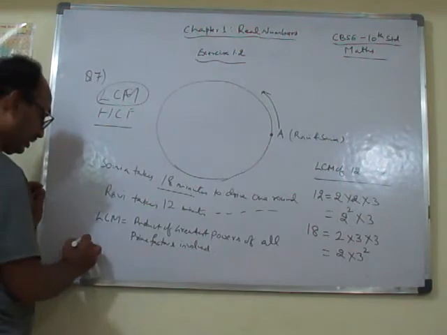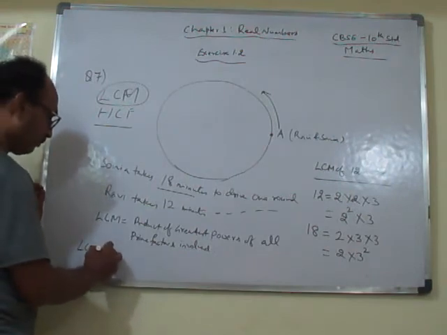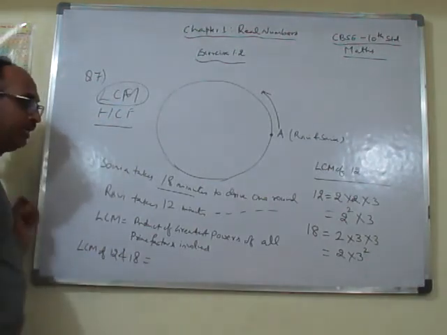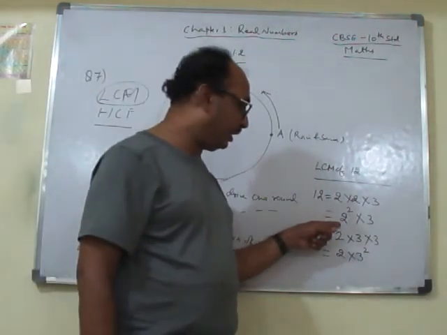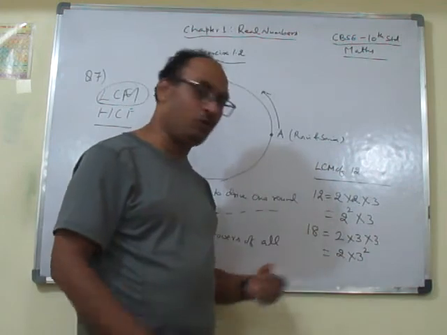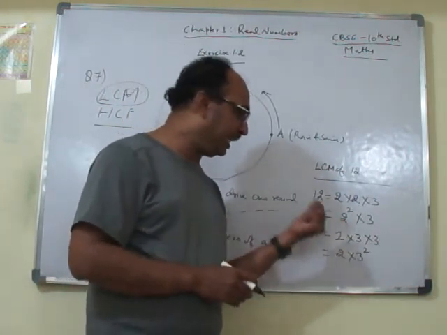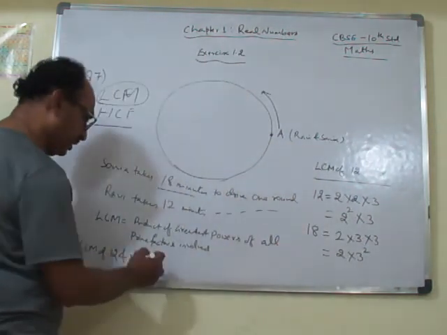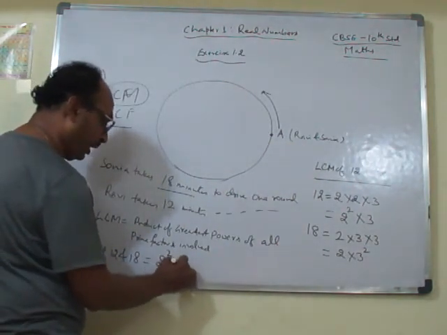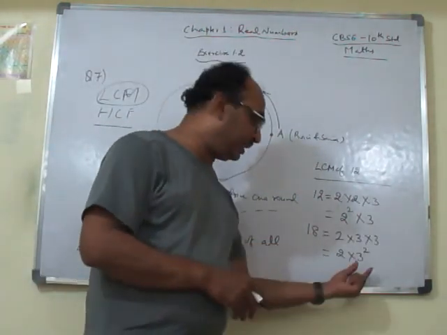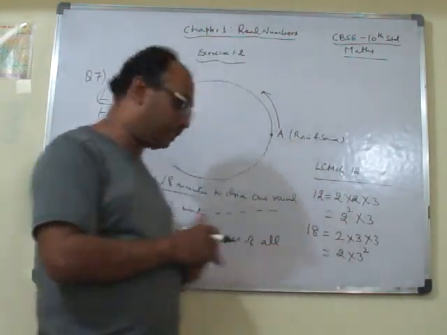Then in this LCM of 12 and 18, which are the powers? Here factor 2 is there, here factor 2 is there. Which is greatest? So 2 square is greatest. Factor 3 is there, and 3 square is the greatest one.